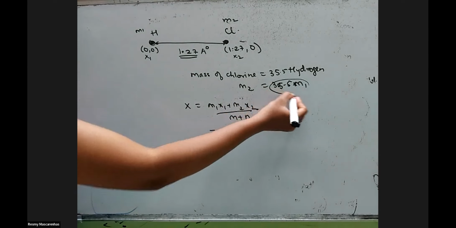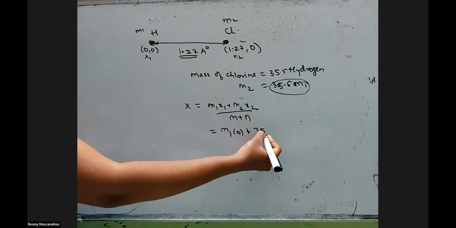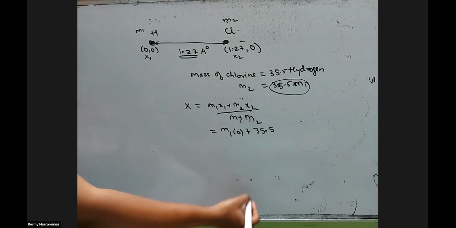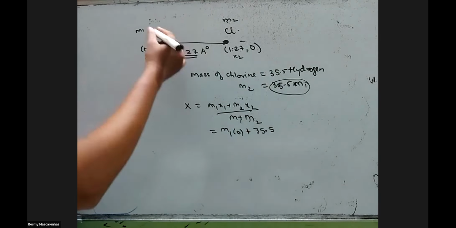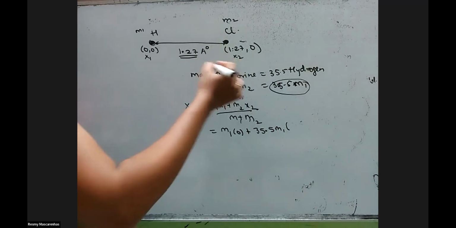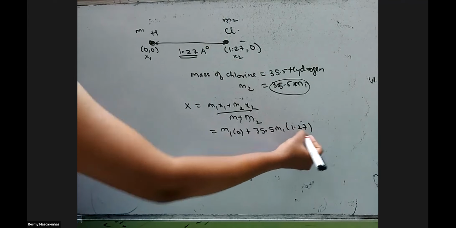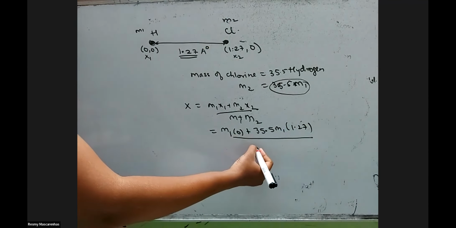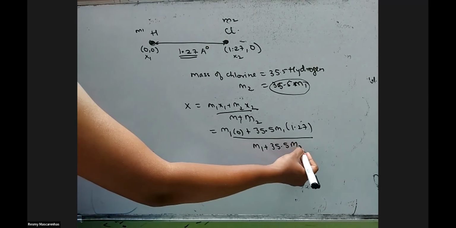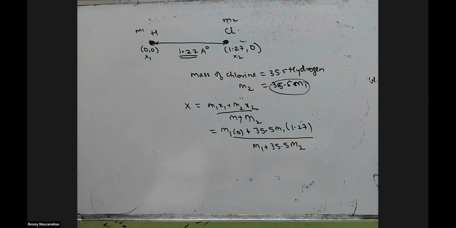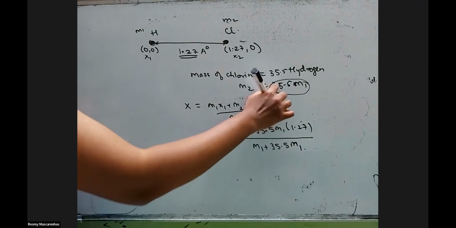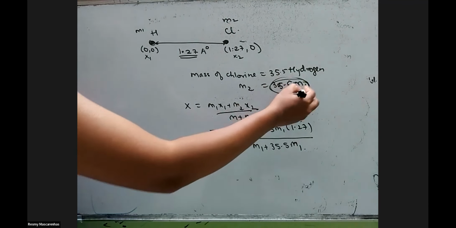Now m2, instead of m2 I'll use this: 35.5 times m1 into x2, 1.27, upon m1 plus 35.5 times m1. Both are m1, no? So instead of m2 I'm using this.